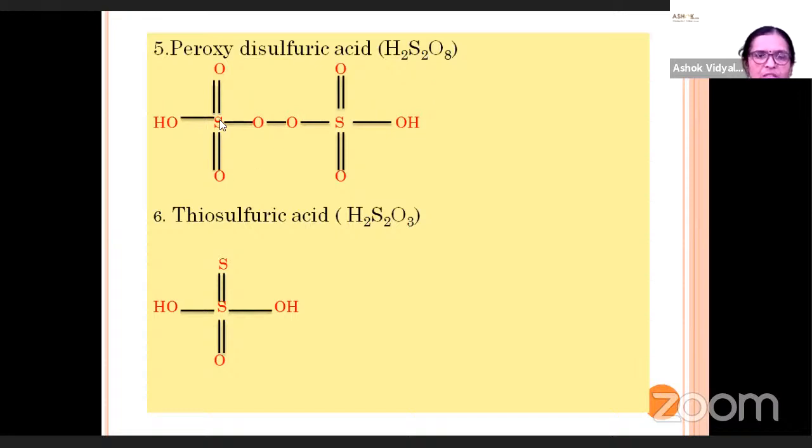See, in this there are SO double bonds, and S is bonded with one OH through one peroxy unit, that is oxygen, and the same structure is again repeated.